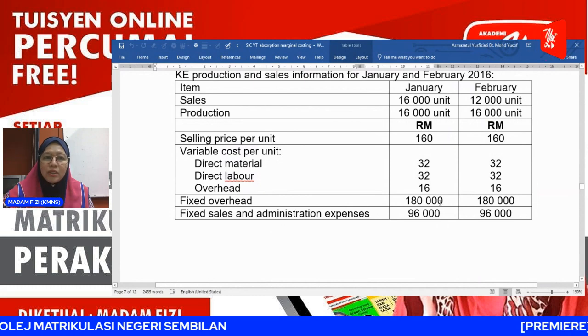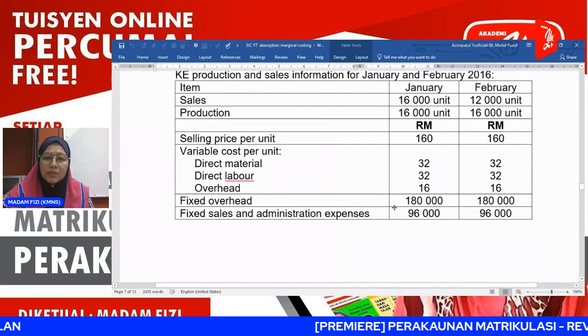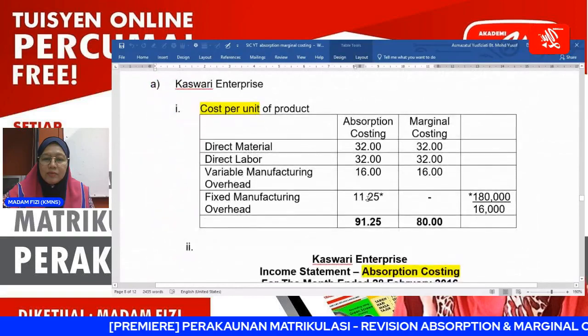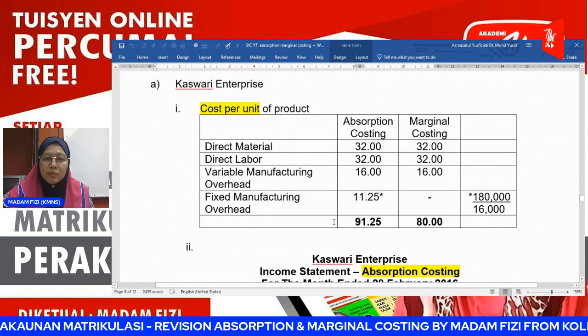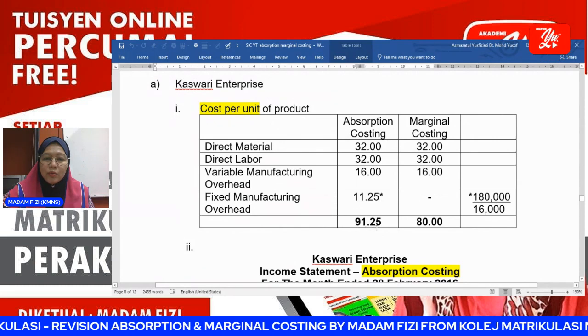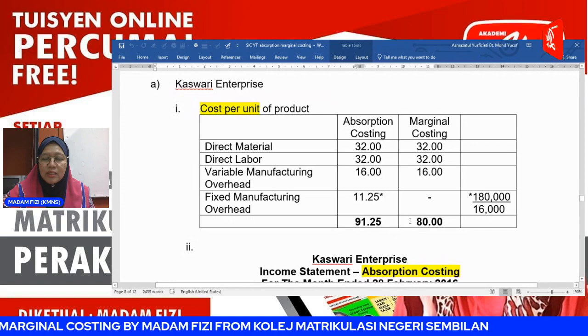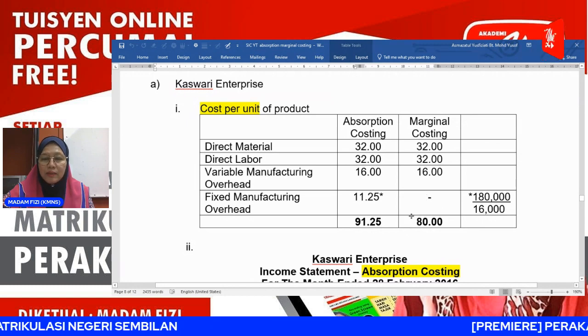Okay, for per unit, you have to divide by the production unit, that is 16,000 unit. Okay, so you get 11.25 ringgit. So cost per unit for absorption costing is 91 ringgit and 25. For marginal costing is 80 ringgit. Okay, please don't include the fixed manufacturing overhead.